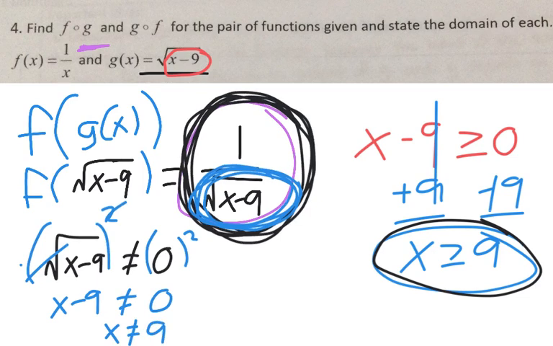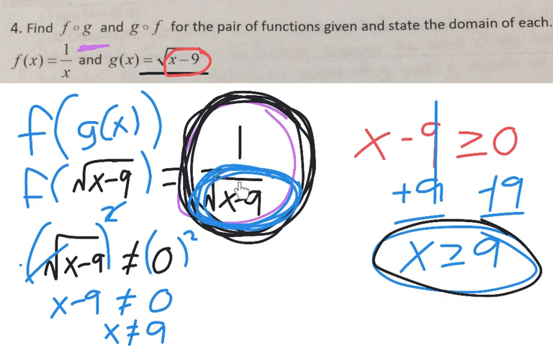So x cannot be 9. Okay, is there a possibility of taking the square root of a negative in the big function? There is too. There's that possibility.